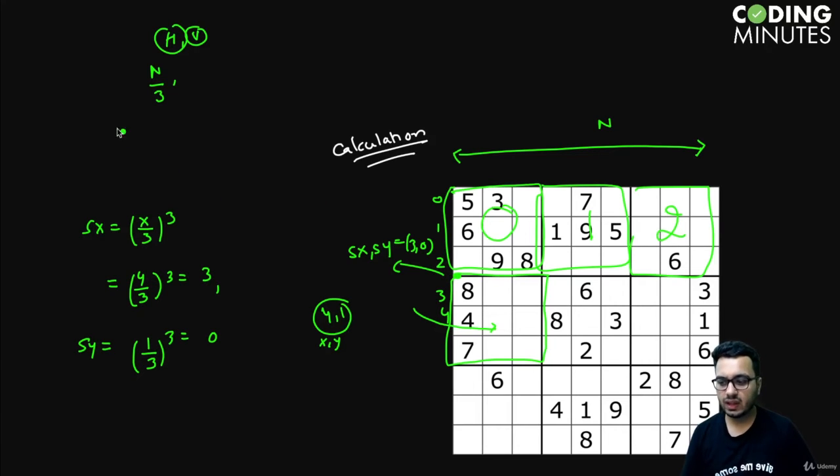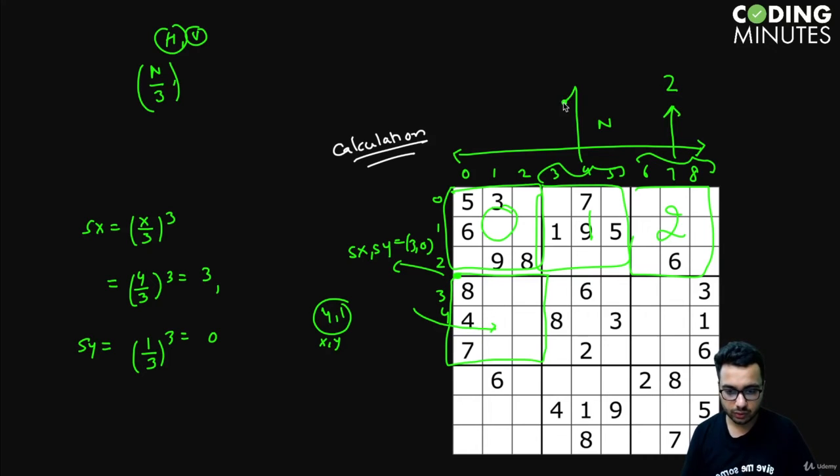So if I do n by 3, I get the grid number. So if this is 0 1 2 3 4 5 6 7 8, if you just divide them by 3, 6 by 3 is 2, 7 by 3 is 2, 8 by 3 is 2. For them you get 2, for them you get 1, for them you get 0.